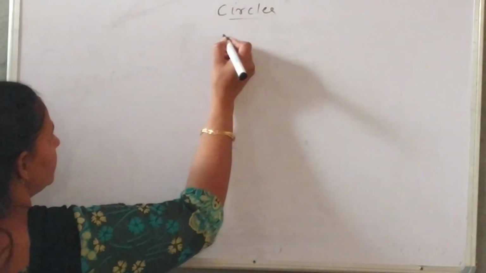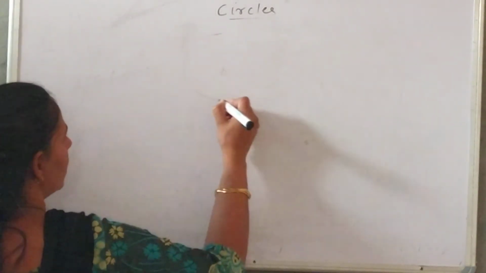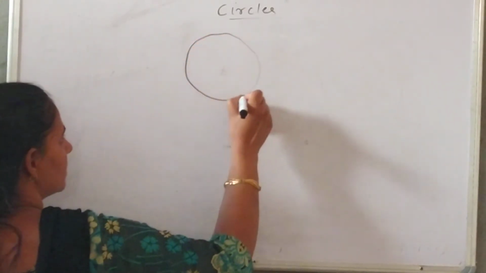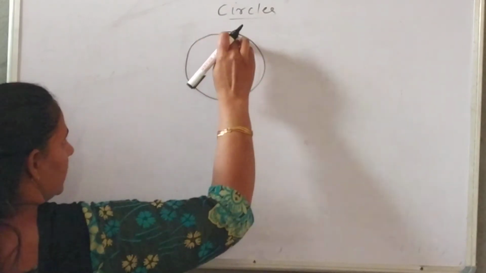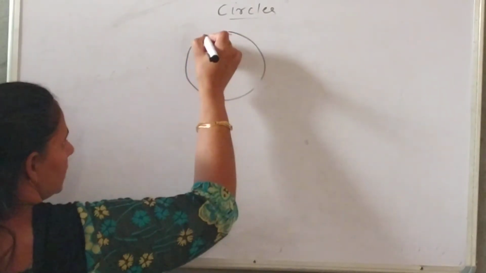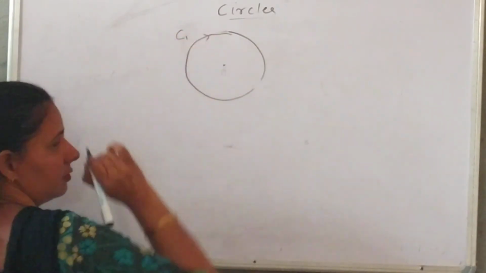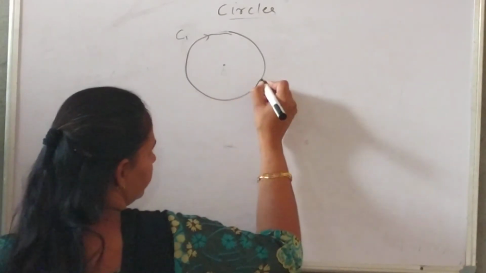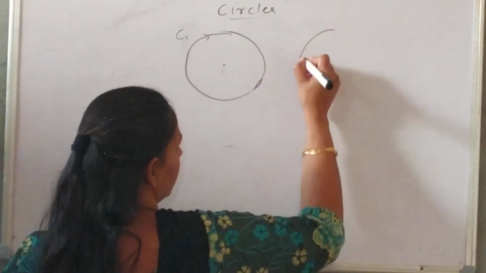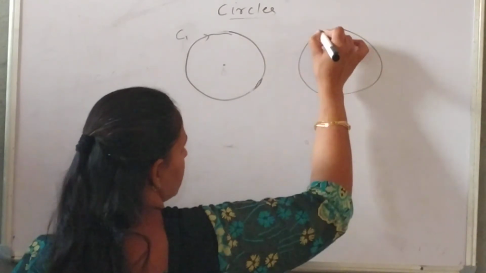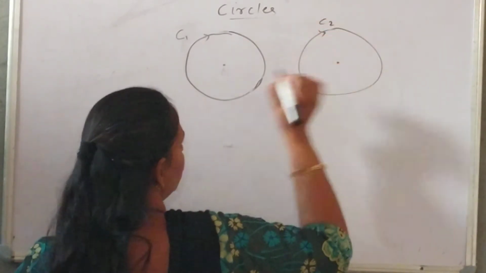So we are given two congruent circles. Congruent circles, that means circles with the same radius. This is circle C1, the first circle. One more circle is given. This is circle C2.